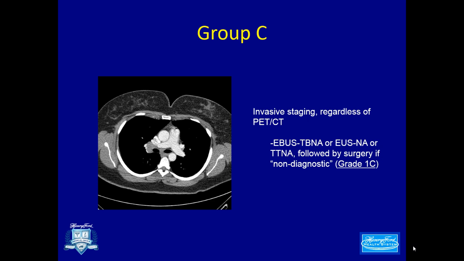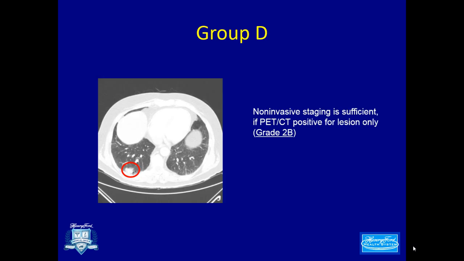For group C, that we talked about, with either the hilar lymphadenopathy or the centrally located tumor, the recommendation is that patients do need invasive staging, regardless of the PET or the CT scan. And it can be done with EBUS TBNA or EUS, similar to group B. And group D, this is where the debate happened a few minutes ago.